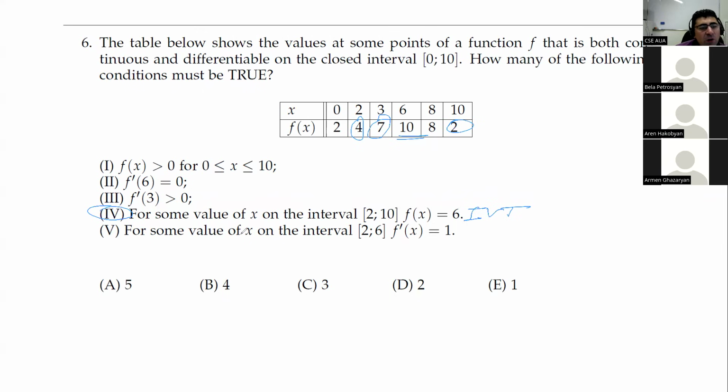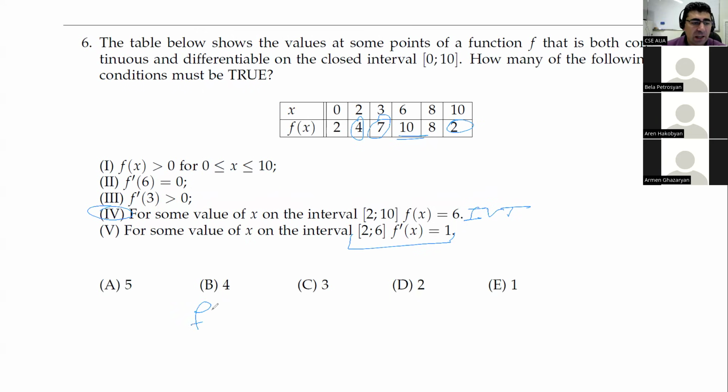For some value of x, f prime should be 1. It seems now it's not the intermediate value theorem anymore, because now we have the mean value theorem. What does the mean value theorem say?